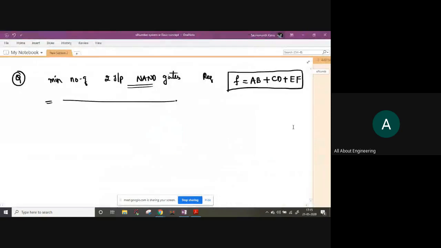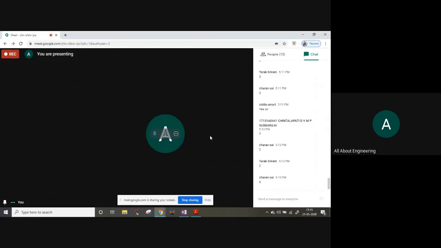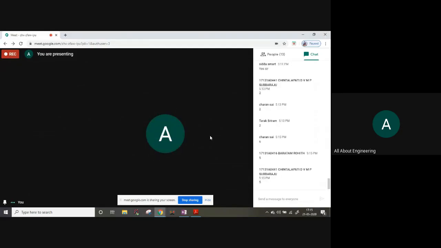So this was the question. How many minimum 2 input NAND gates are required to implement the following function, F equal to AB plus CD plus EF? 6, 5. Okay, I am getting different answers. Subraju designed the same thing using 5 gates.